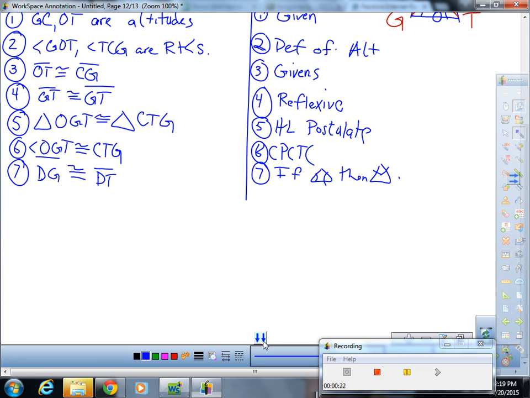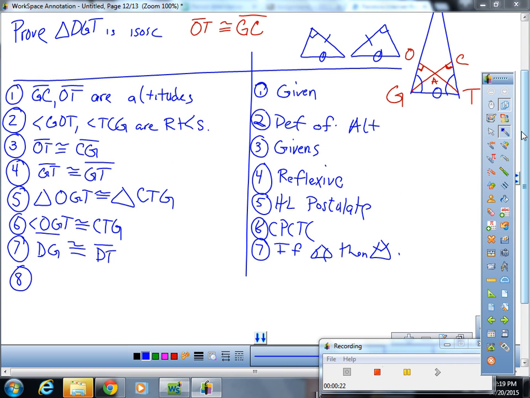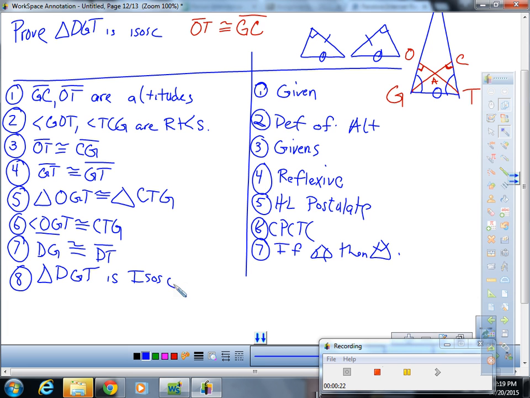And finally, my last step is I could say triangle DGT is isosceles. Because that meets the definition of isosceles. Okay?